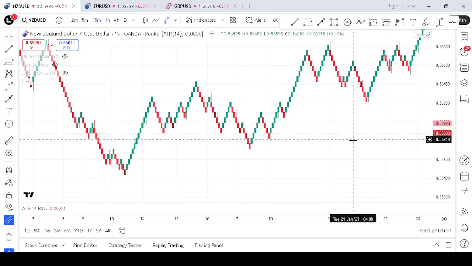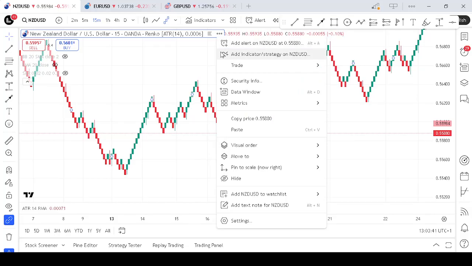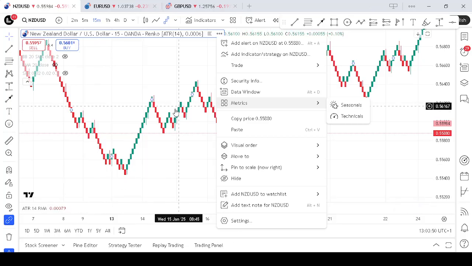First of all, you choose your brick size. You select your appropriate brick size for your Renko chart, and one of the common ways you can do this is by using the average true range. When you put your average true range indicator, the ATR helps you to adjust the brick size dynamically based on the market volatility.